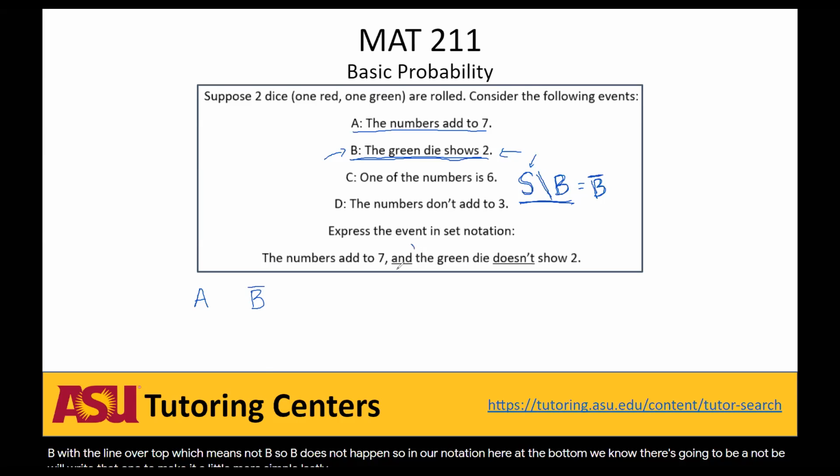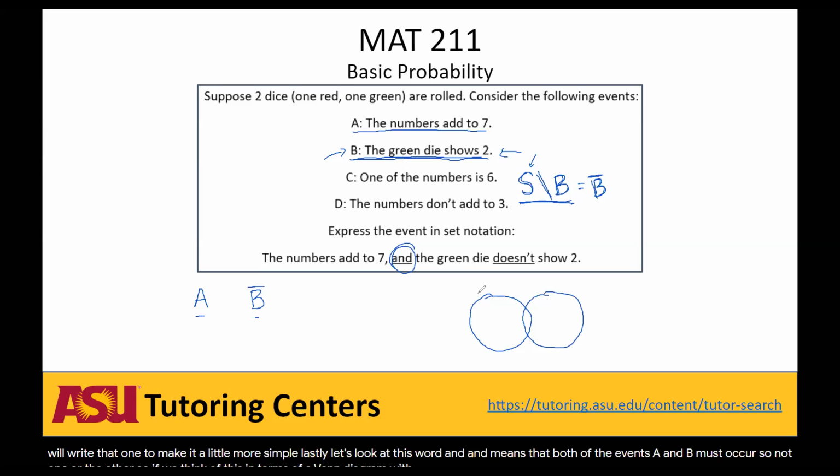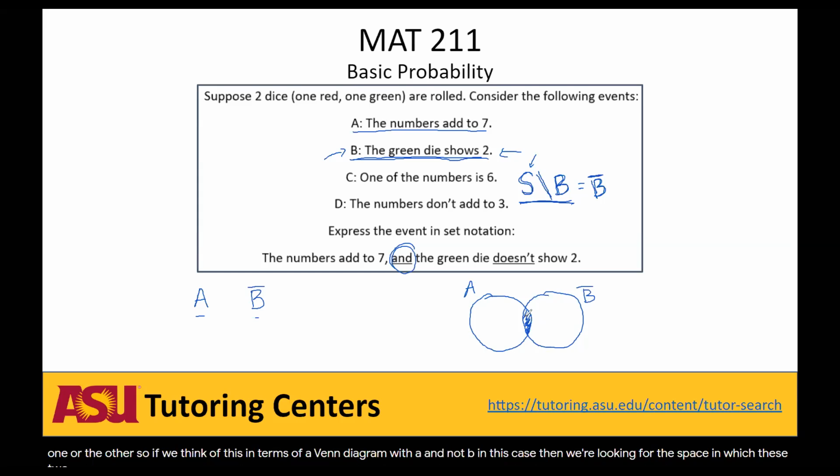Lastly, let's look at this word and. And means that both of the events A and not B must occur, so not one or the other. If we think of this in terms of a Venn diagram with A and not B, then we're looking for the space in which these two overlap, so the intersection of these two different events.